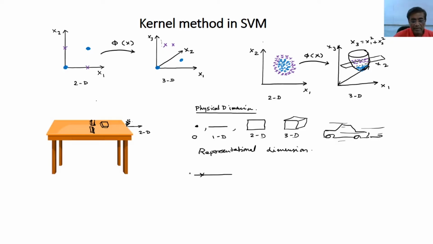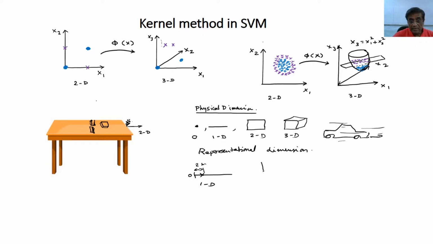My point can be here, and say if this is my beginning, this is my zero line, and my point is at a distance of, say, 2 millimeter. So I need this dimension to understand where my point is. So in one dimension, the point which earlier had physical 0 dimension will have 1 dimension now.